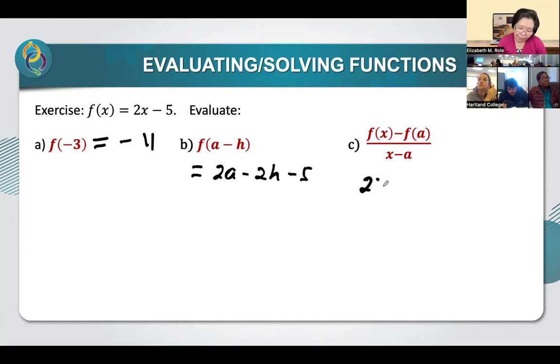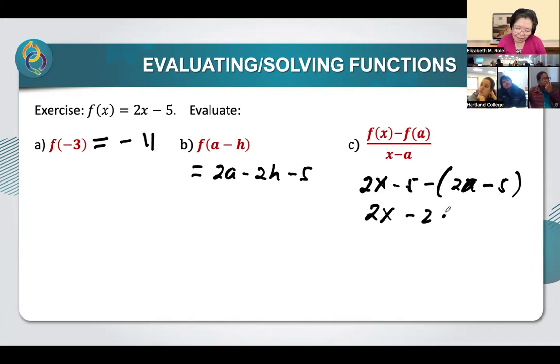Instead of that, you have 2x minus 5 minus 2a minus 5. Oh, right? Okay. So it will be 2x minus 5 plus 5 is minus 2x minus 2a.